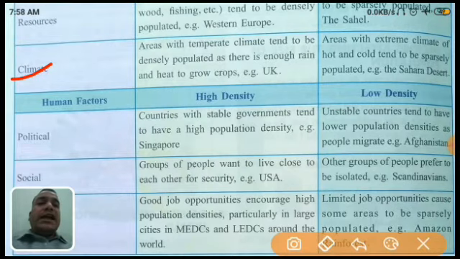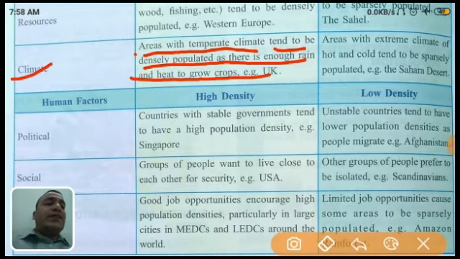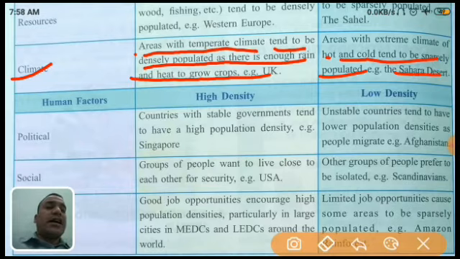Now see, an area with a temperate climate tends to be densely populated as there is enough rain and heat to grow crops, just like the UK. An area with an extreme climate of hot and cold tends to be a sparsely populated region, just like the Sahara Desert. So I already explained what the climate is. If the climate is harsh, the population density is low. If the climate is suitable and favorable, the population density is high.